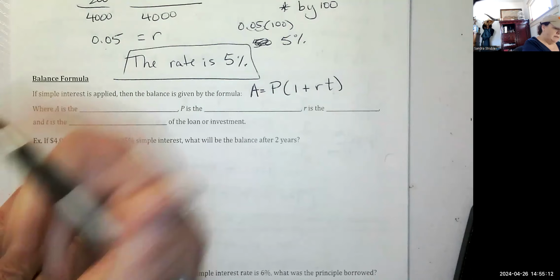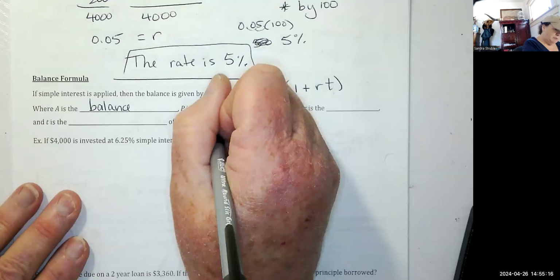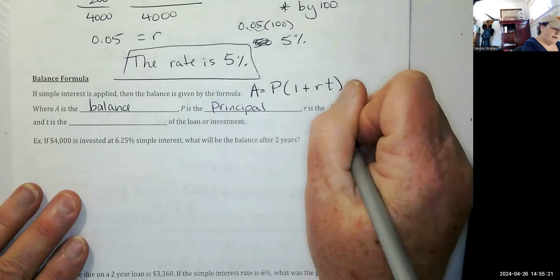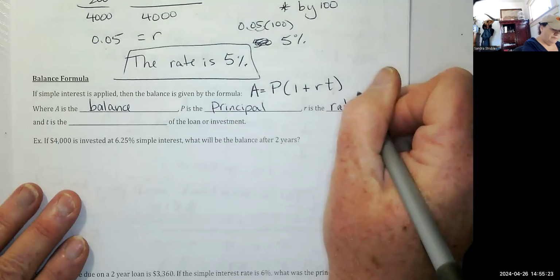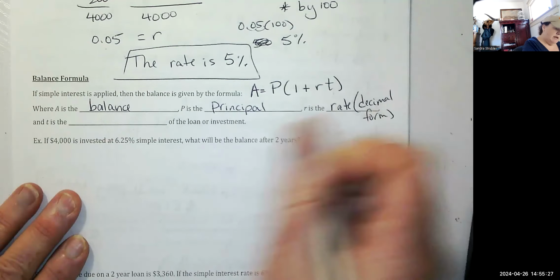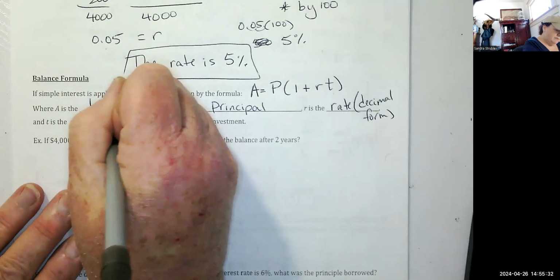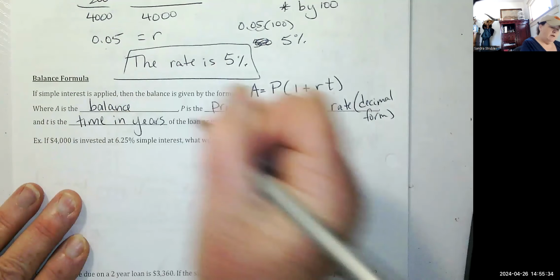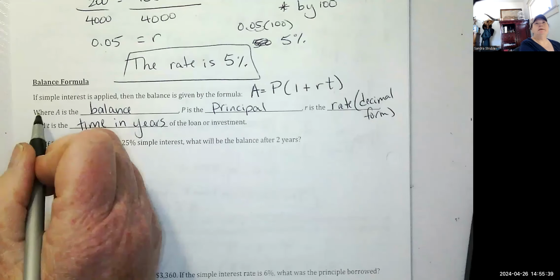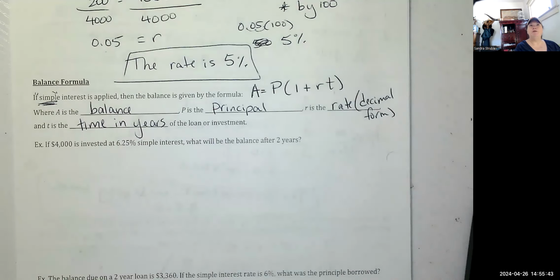Where A is the balance, P is still the principal or the initial amount, R is the rate in decimal form, and T is the time in years of the loan or investment. So this is only for simple interest. And in the next class, I will tell you to only look for the word simple.